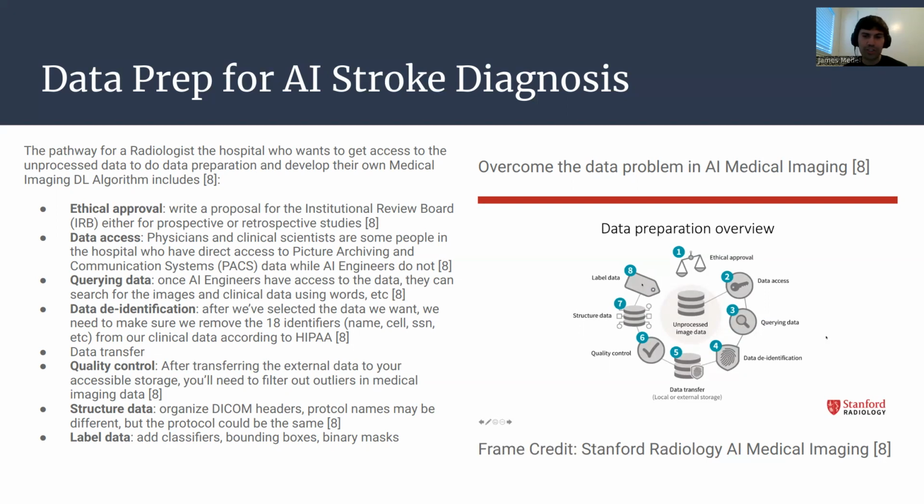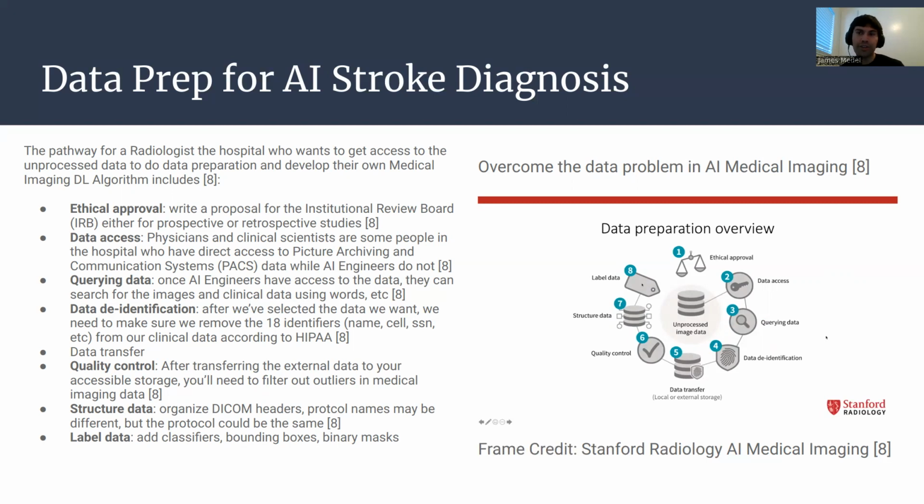An alternative to labeling the data that I've seen is that hospitals will hire or do a survey, and have the community come in and get up to speed with how to identify, detect, and segment these lesions in stroke MRI and CT scans, and then have the community contribute to the effort.